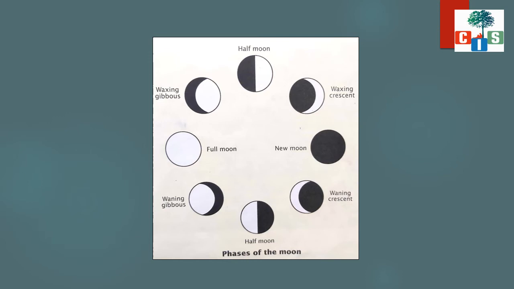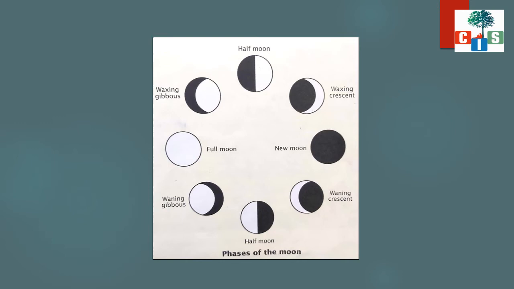Scholars, why do different shapes of the moon appear? The reason is that the revolution of the moon around the Earth causes different amounts of the moon to be lit up by the sun, depending on the position of the moon.